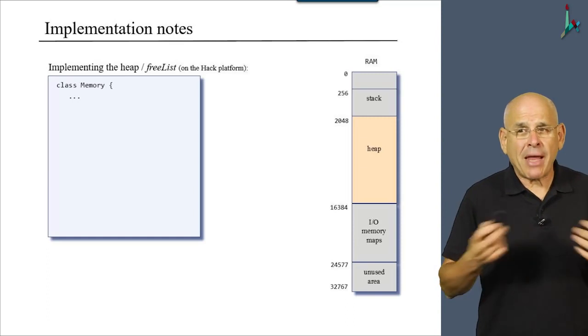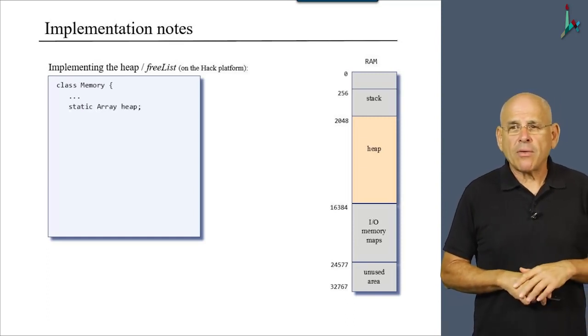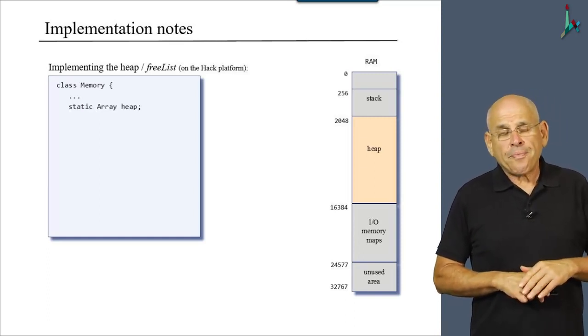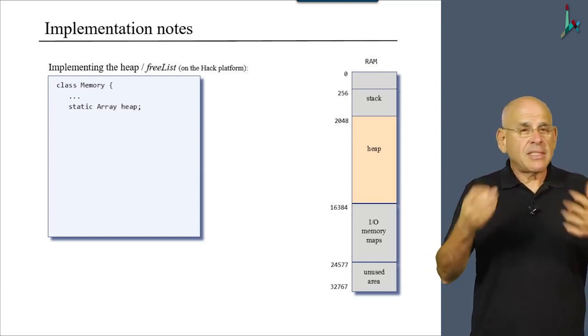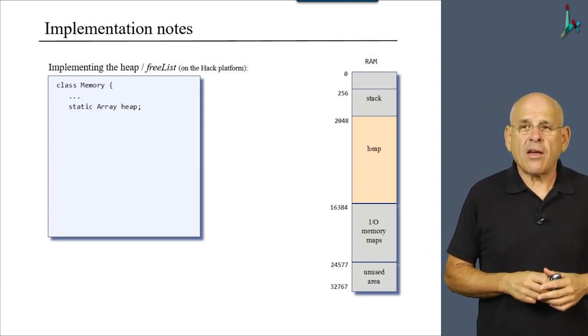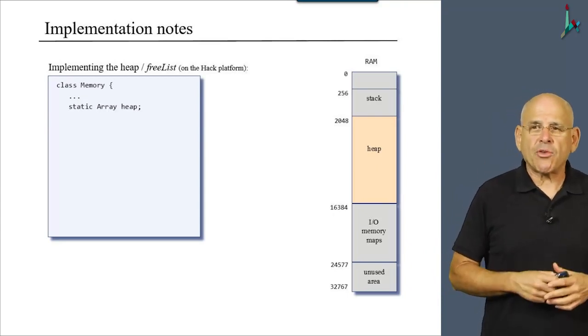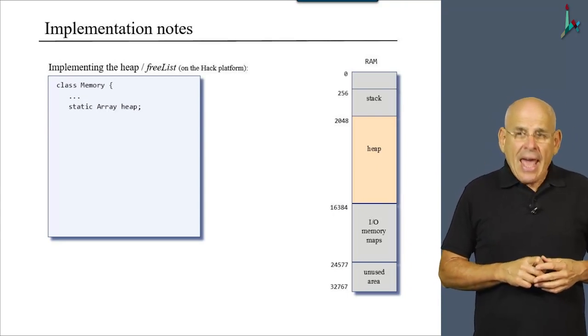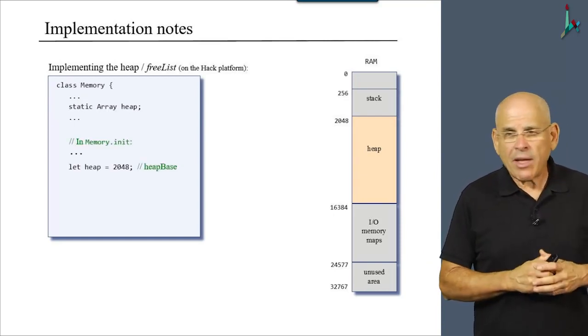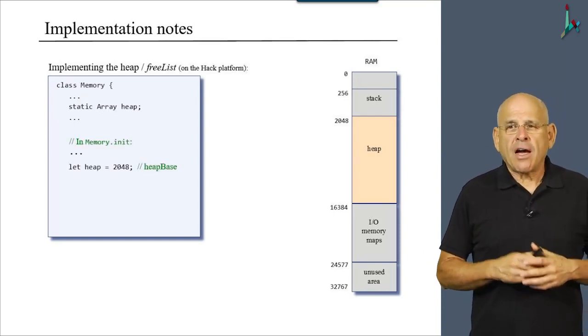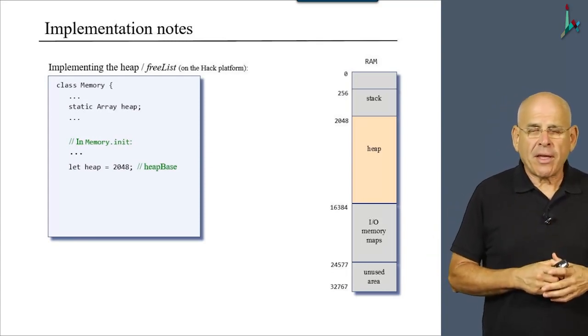We want to create and manage it somehow. So we propose to create a static array that you can call Heap. That's quite a natural choice. And we propose that somewhere in your Memory.init function, you will do the following things.